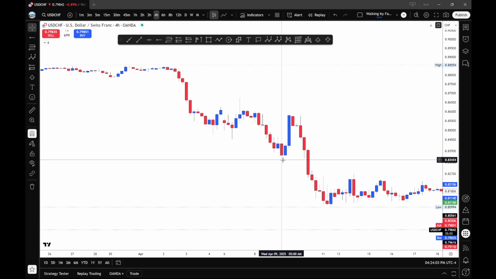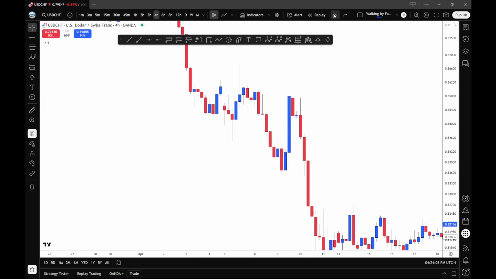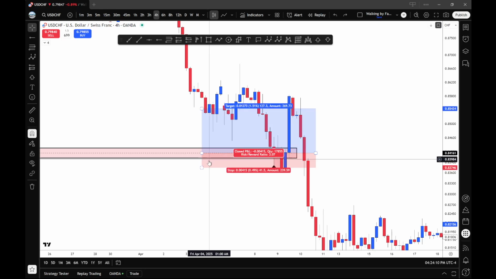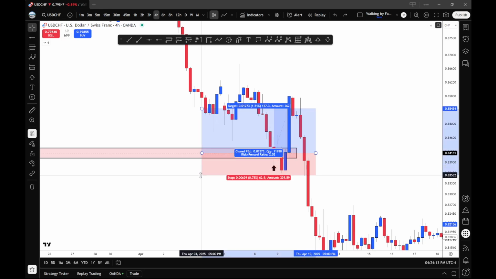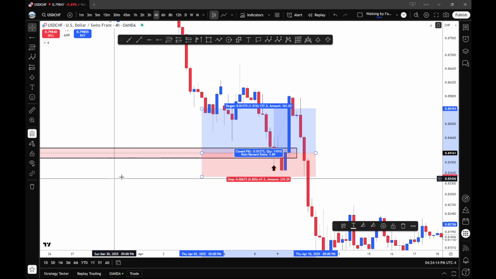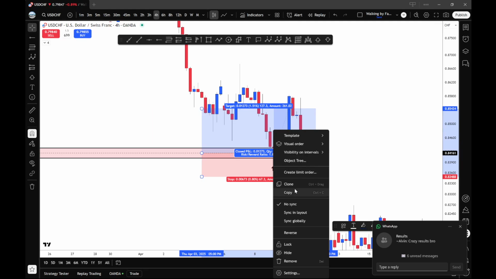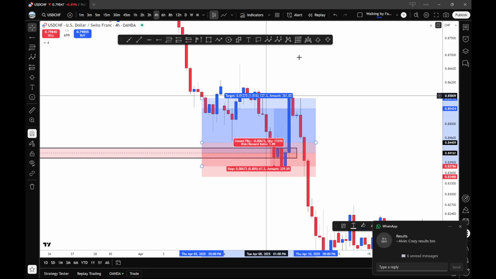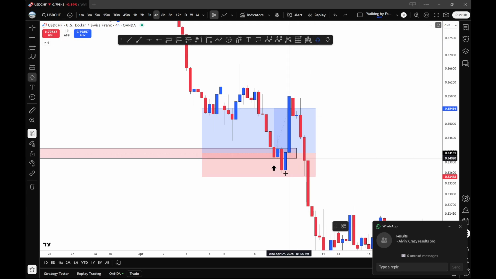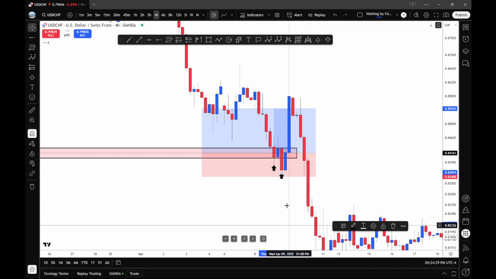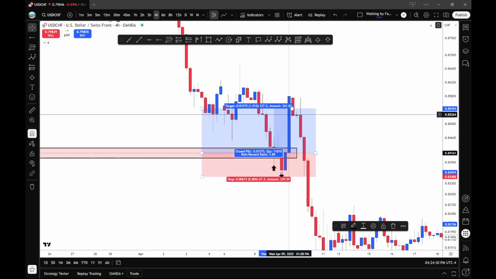This stop loss was pretty tight, but if we would have had it a little bit below, let's say somewhere around here, looking at something previous, this would have been our entry, and then this one right here would have never hit our stop loss, and it would definitely hit our target.